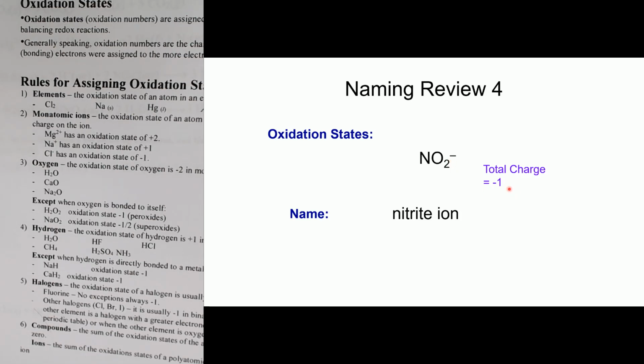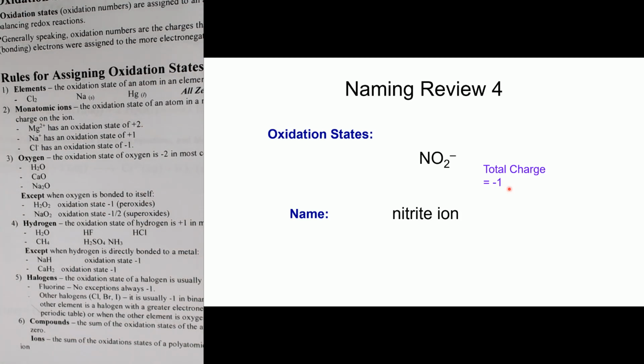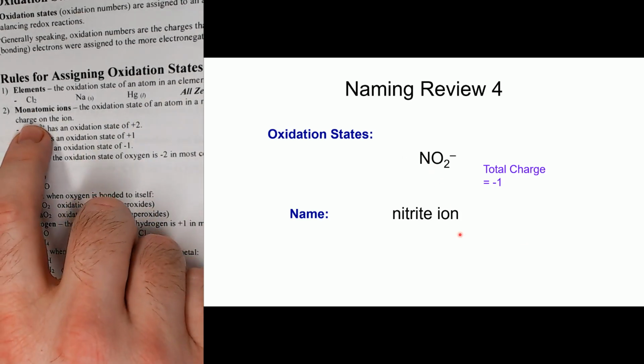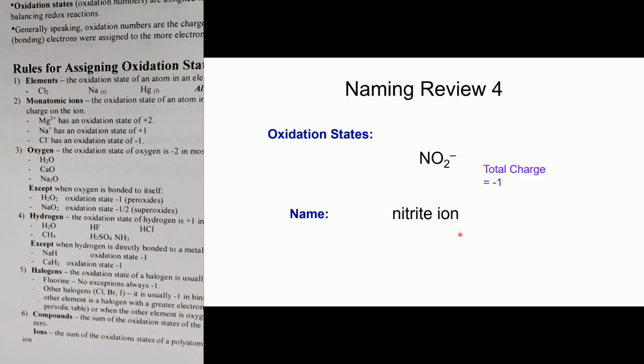All right, so now there are no monatomic ions. If this were called sodium nitrite, then yeah, we would have a monatomic ion, and we could label that sodium. But here we just have the nitrite by itself, so there are no monatomic ions. Next is oxygen present? Well, yeah, there's oxygen there. So if you get to this point and you haven't labeled oxygen, it's probably -2.